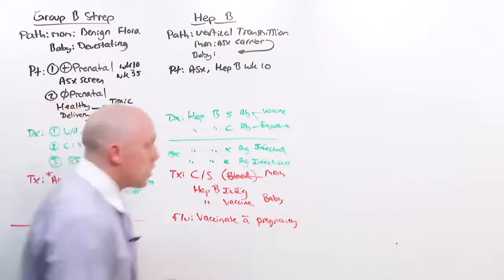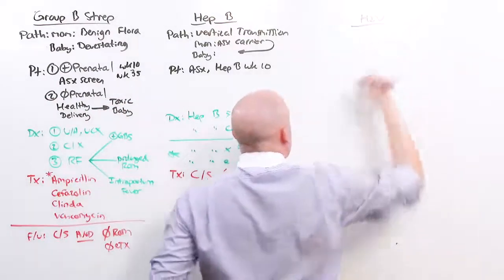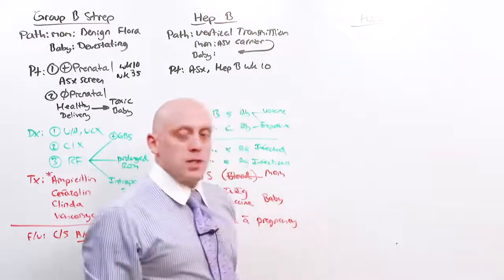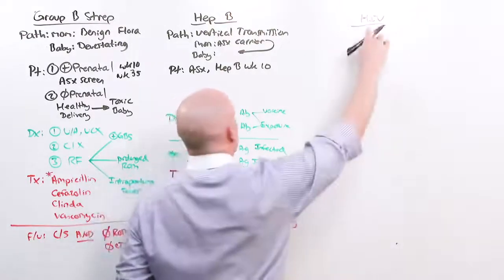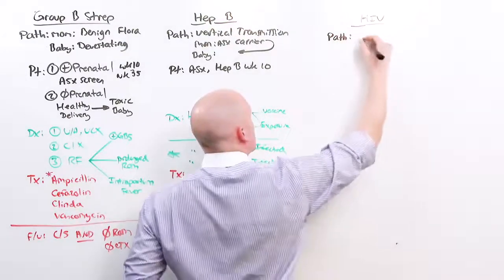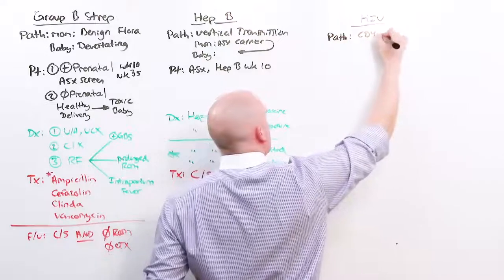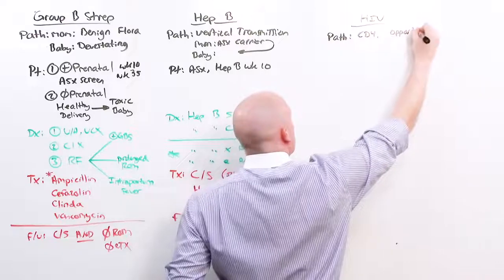The last one has a whole topic of its own in infectious disease, which is HIV. And what I want to primarily talk about is how you reduce risk of transmission to baby. Talk a lot about HIV in the ID section. Pathology is what you care about: the CD4 count is mom's risk for opportunistic infection.